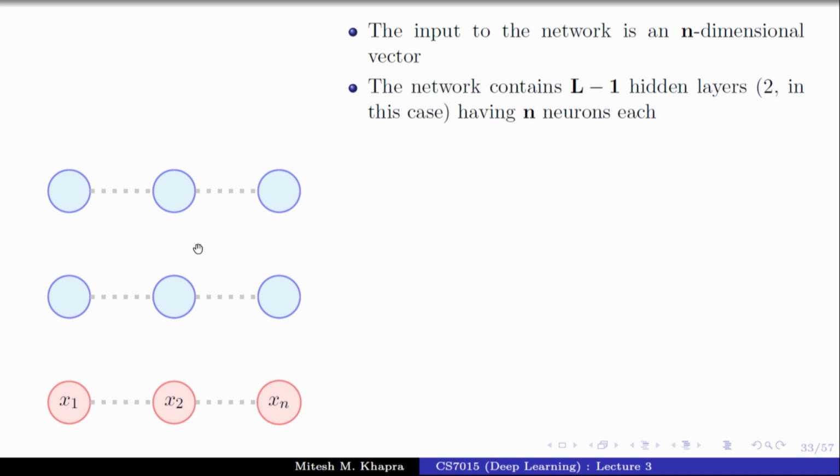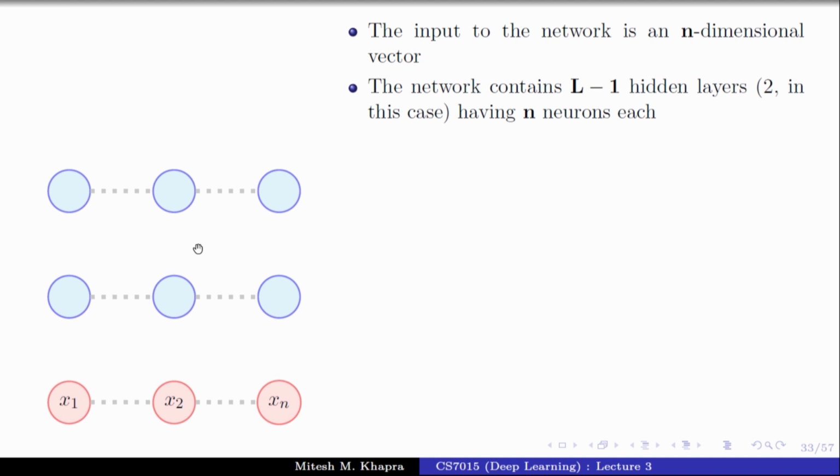If I consider any of these neurons, let's focus on the first blue neuron in the first blue row. That is going to take inputs from all the red guys. All the red inputs are going to feed into that. It's going to take a weighted sum of these inputs, add a bias, and then compute the sigmoid.